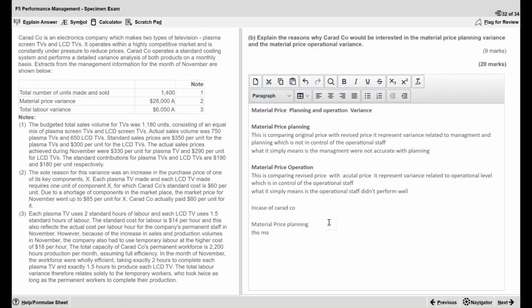The material price planning variance was 35,000 adverse, which means that management were not accurate in planning the variance, which helps understand that operational staff is not responsible for this.